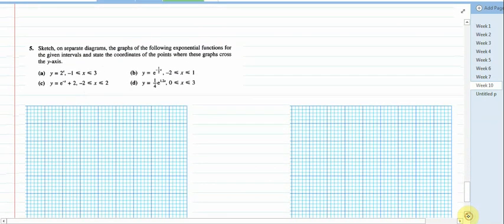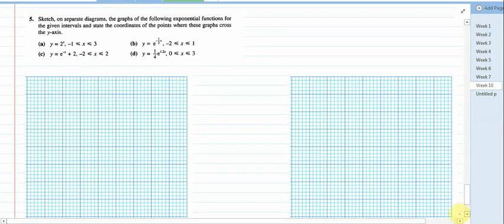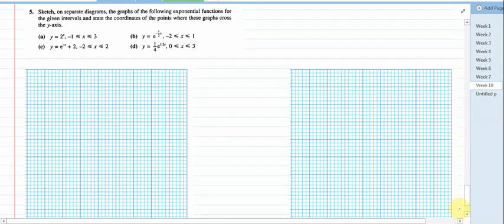It's question number 5. Sketch on separate diagrams the graph of the following exponential functions for the given intervals and state the coordinates of the points where the graph crosses the y-axis.